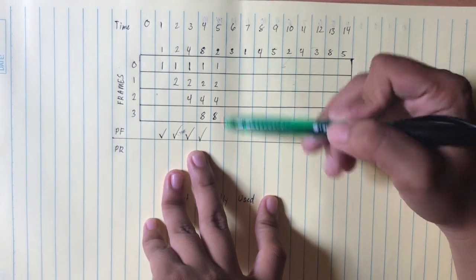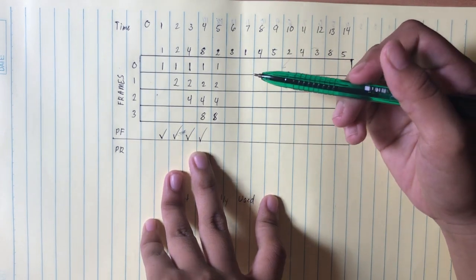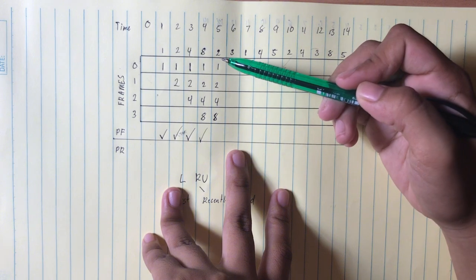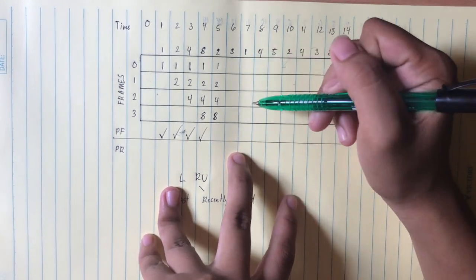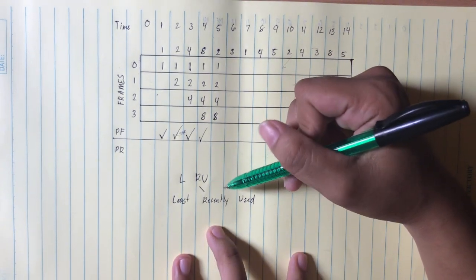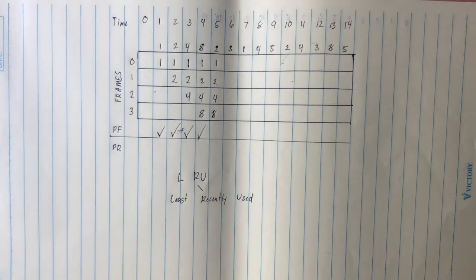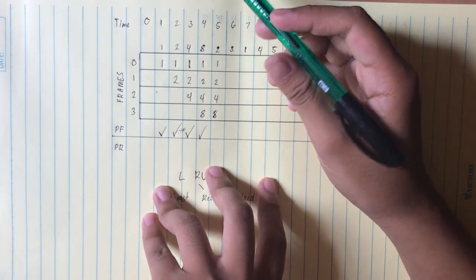Now moving on to time 6, so 3 is entered, but as you can see here in our frames, there were no existing page reference 3 here. So what we're gonna do is we're going to replace one of these numbers here so that we can input 3. Okay, so since we are doing the LRU, or the least recently used, we're going to search for the least recently used here.